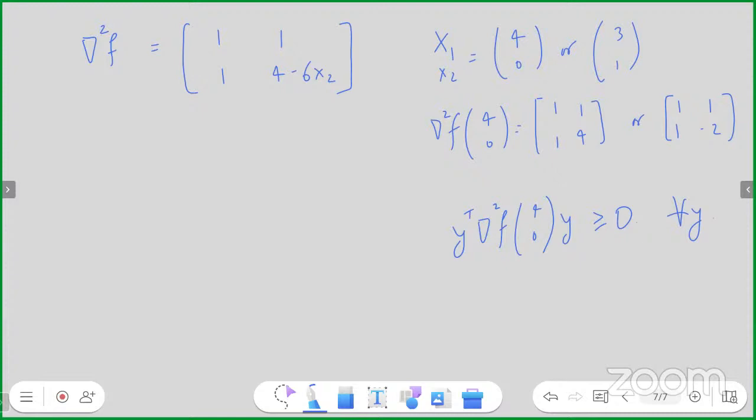What did we prove? That if x star is a local minima, del f x star has to be 0 as well as the Hessian has to be positive semi-definite. Where did I get the guarantee that in fact it is true? We don't give any sufficiency condition, right? So after all we have done, we have eliminated all other possibilities except for one possibility, which is 4, 0.